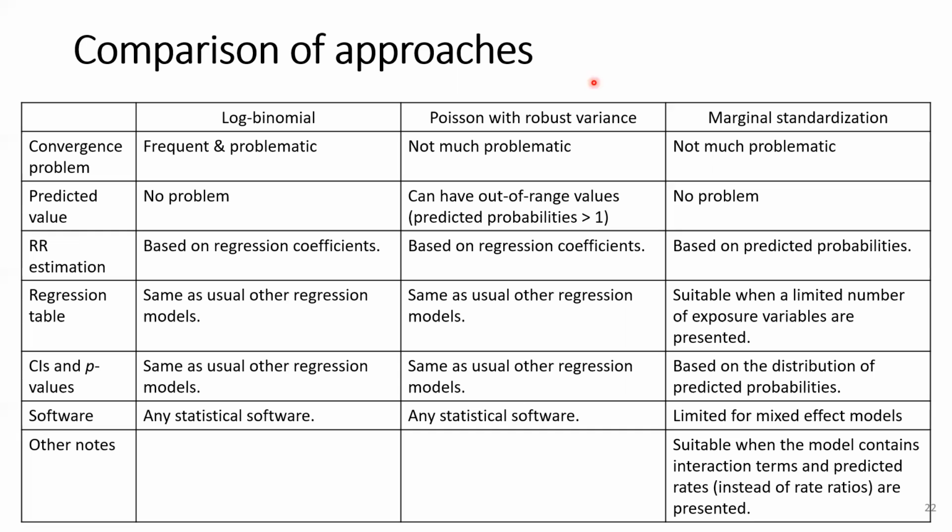But the problem is we tend to think that odds ratios are relative risk, right? And in this example, we saw that one age group had an odds ratio of 6.5, something like that. But when we get this information as relative risk, it was 3 point something. So there is a big difference.